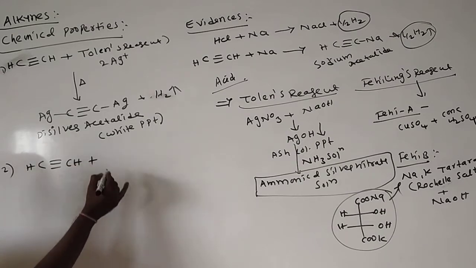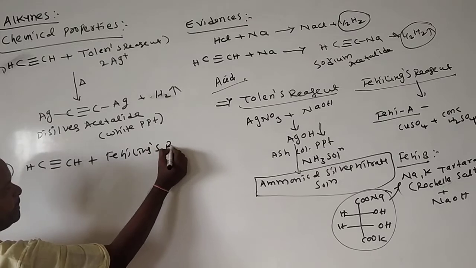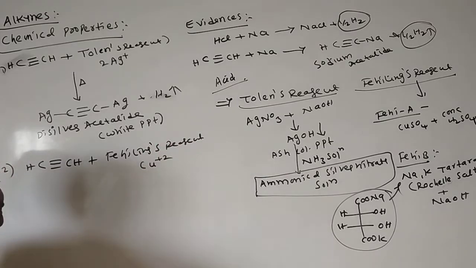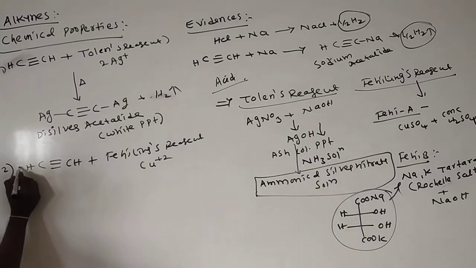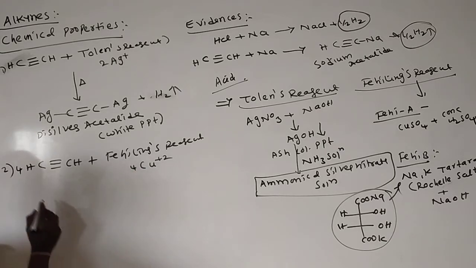Acetylene reacts with Fehling's reagent. Fehling's reagent contains Cu2+ ions, from cupric sulfate. You take 4 moles here, also 4 moles here.